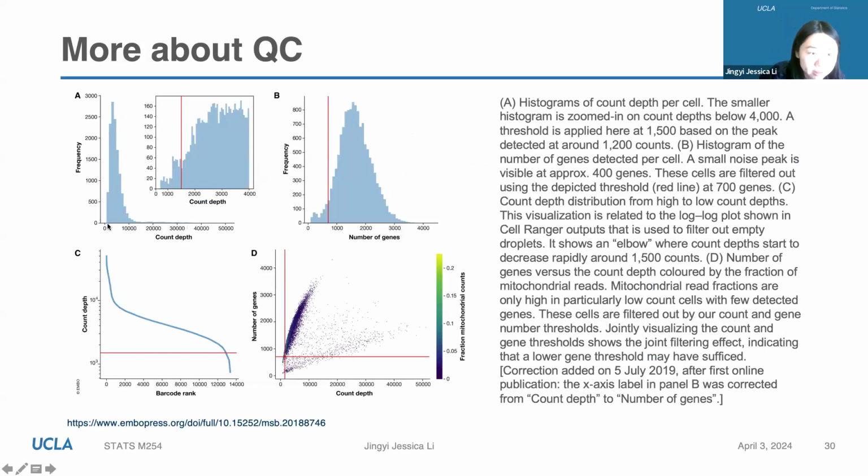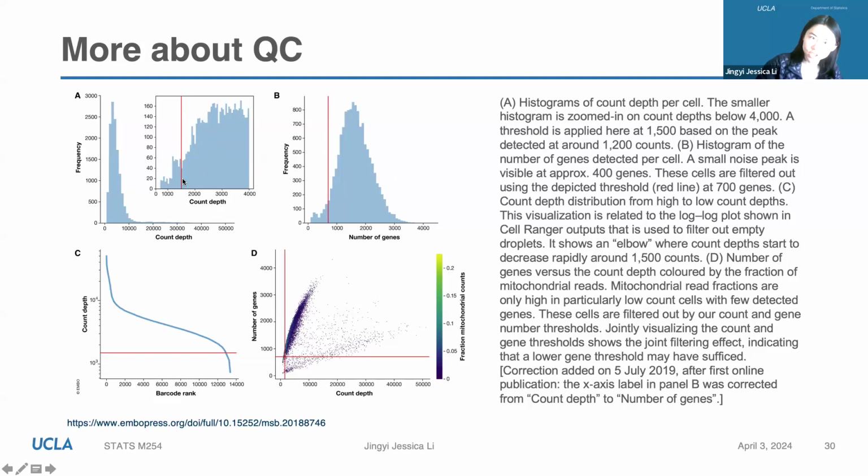Then they zoom in to the range from 0 to 4,000 and show just the distribution in this range. And they pick this, which is close to 1,500. And the rationale, you see, is a threshold at 1,500 based on the peak detected around 1,200. So it's talking about this peak, so pick this threshold here.